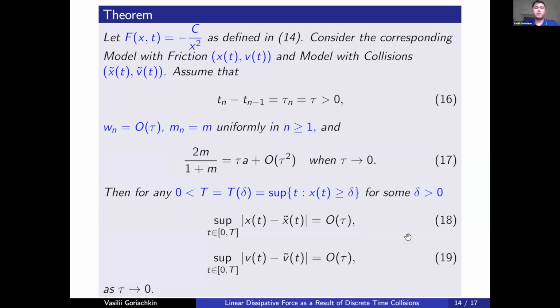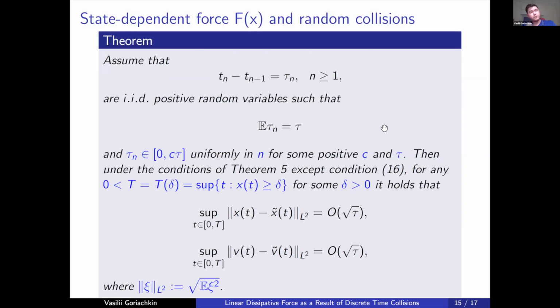Okay, and another question. Here the moments of time tau were constant, but what if we take random tau? If we take random, then we need the support of tau n to be bounded by a constant c and tau, and this constant tau will go to 0.